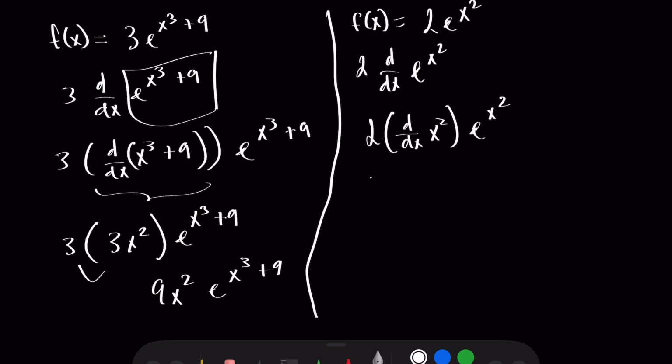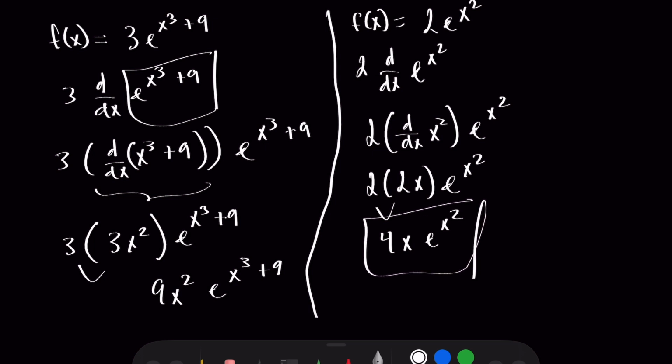So the derivative of x squared is 2x, and we would rewrite this as e to the power of x squared, and then we can multiply the 2's here as 4x. 2 times 2 is 4, and then we bring back that x. So we have 4x times e to the power of x squared, and this is our derivative of 2 times e to the power of x squared.